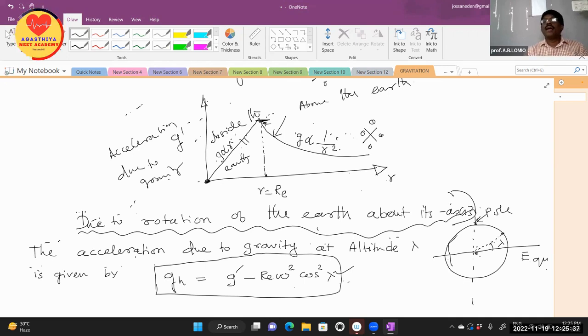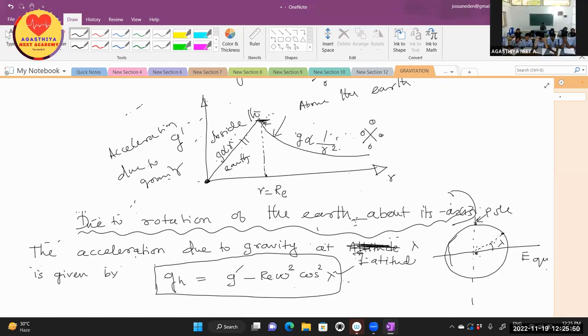Consider the, not altitude, latitude. Kindly change this word. Latitude.